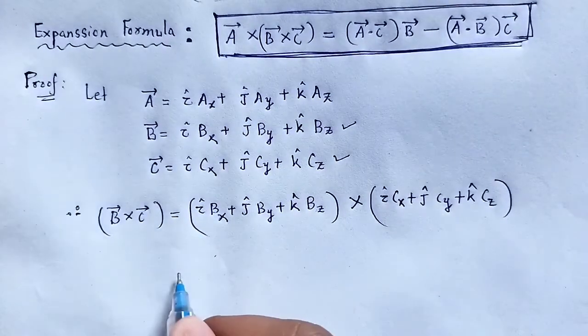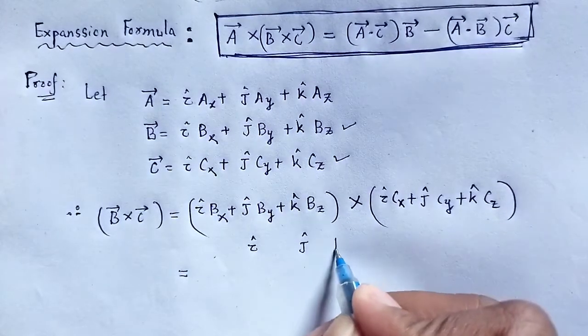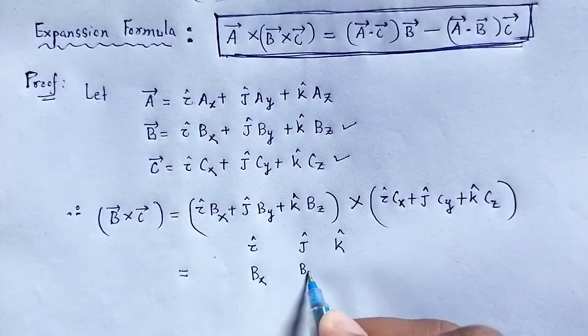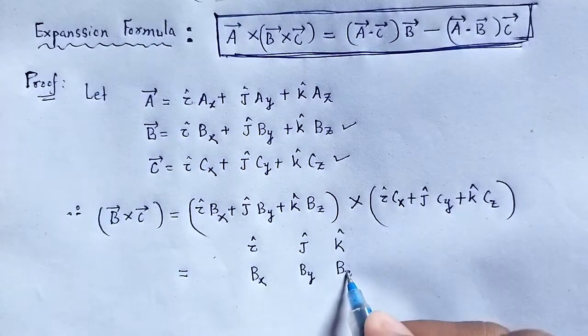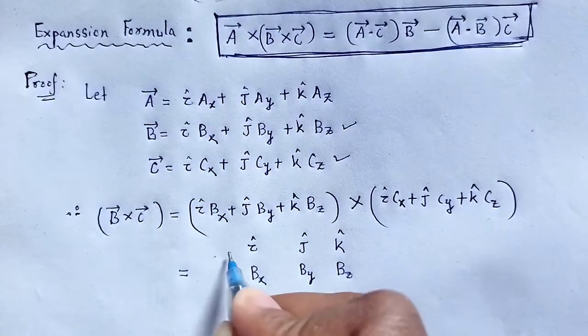The result is the determinant of i cap, j cap, k cap, Bx, By, Bz, Cx, Cy and Cz.